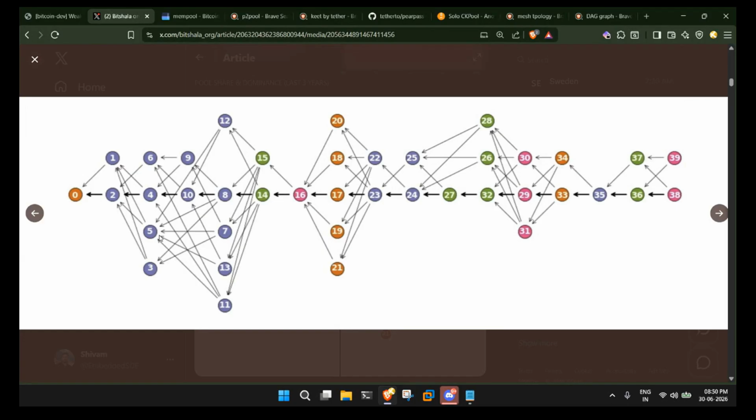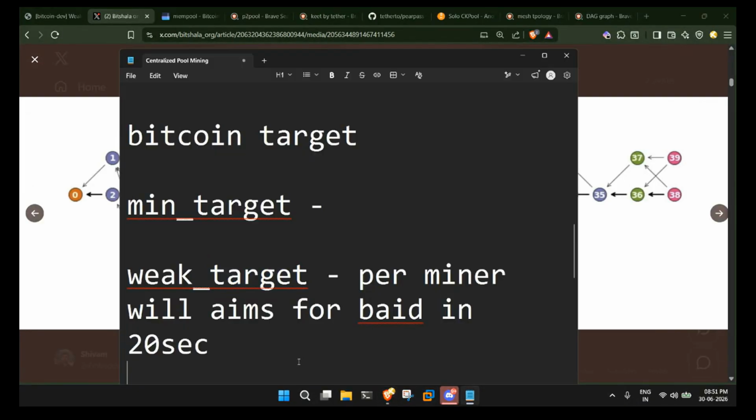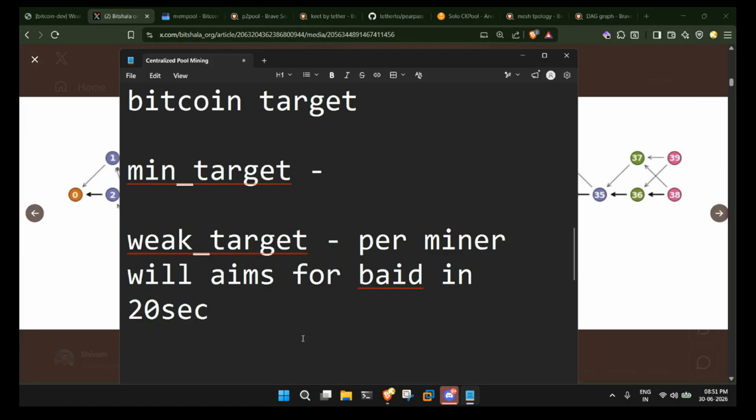Let us suppose Bitcoin was successfully mined here, and they are using PPLNS. If you have used centralized exchanges, you might be aware of PPLNS, and I covered it in a previous session as well. This is pay per last N shares.